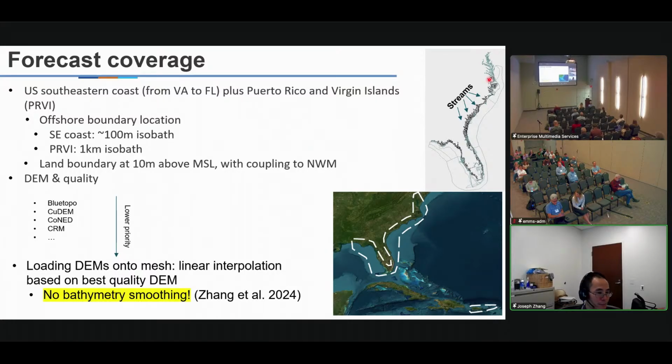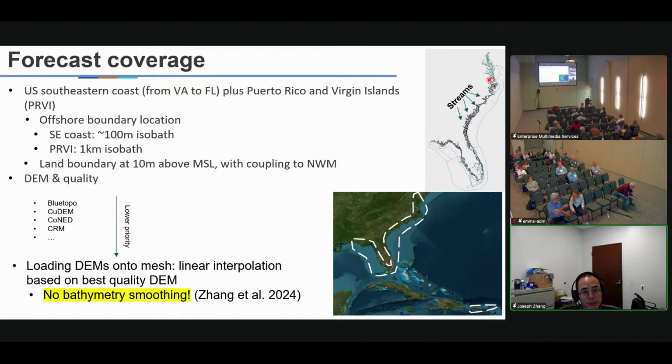Everything we do is documented by Python scripts. So we can send these whole packages to NOAA, and they are able to reproduce everything we do. One thing I want to emphasize is that once we load the DEM onto the mesh using linear interpolation, we no longer manipulate the bathymetry.